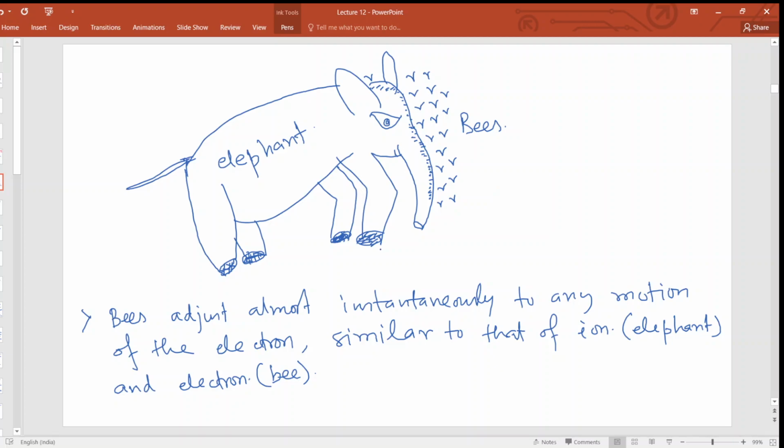If the elephant makes a move, or goes one step ahead, even if the bees are not aware of this, at any point they can quickly readjust their position such that the relative distribution of the bees and the elephant remains the same. Is this part clear?